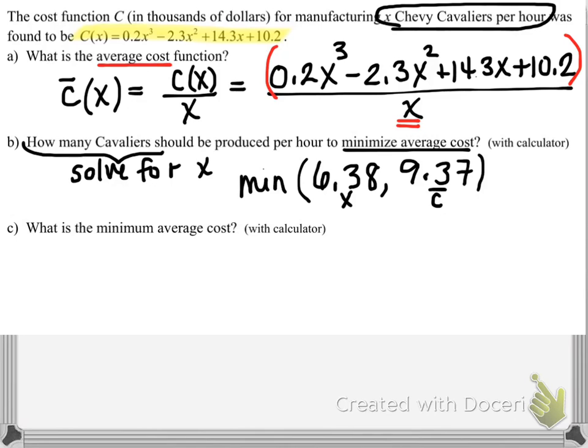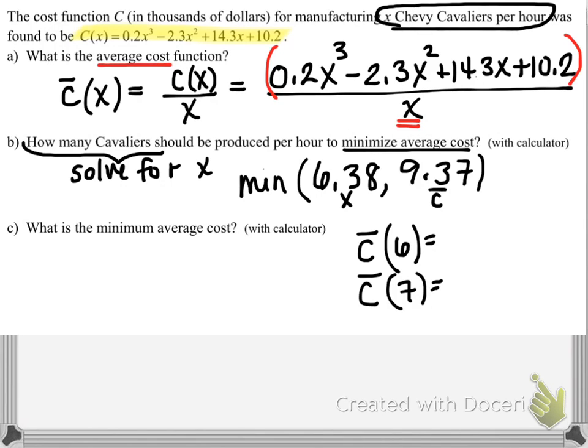Now, you can't manufacture part of a Cavalier, so you might want to go one step further and look at the average cost to produce 6 Cavaliers versus the average cost to produce 7 Cavaliers, since we can't produce a portion of a Cavalier. You could do this utilizing your table on your calculator.